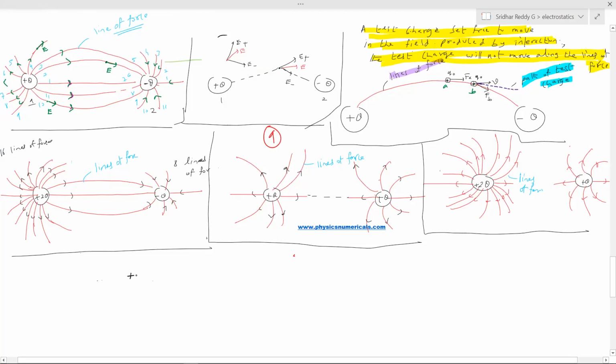If two positive point charges are there in a region, this is 1. Let me take this as 2. In all the cases, we'll try to see what happens to the field.